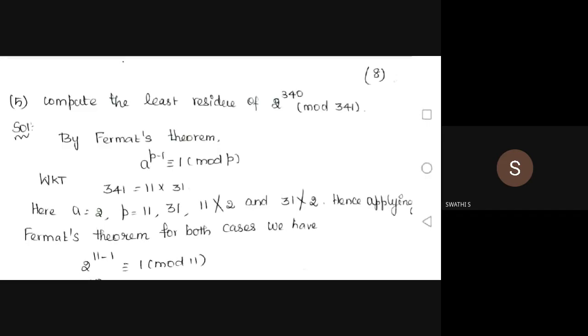So 11 times 31 is 341, and the base is a equal to 2.